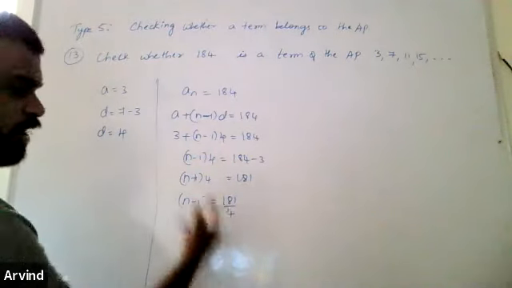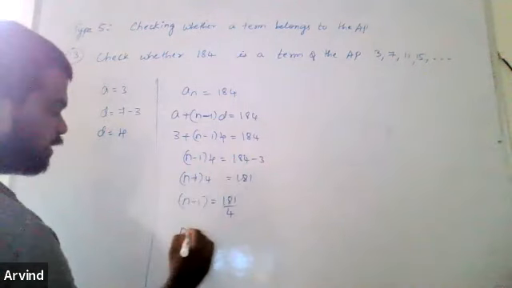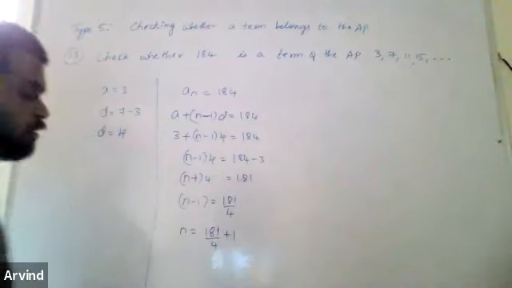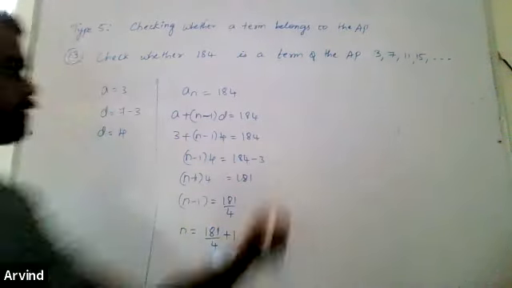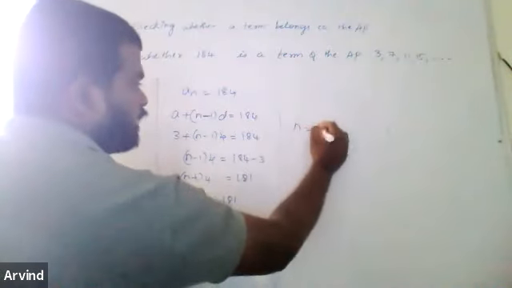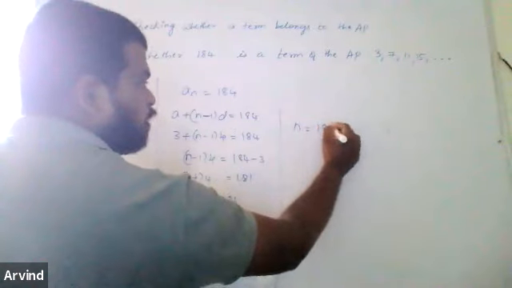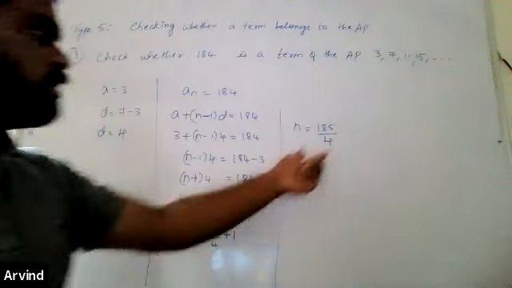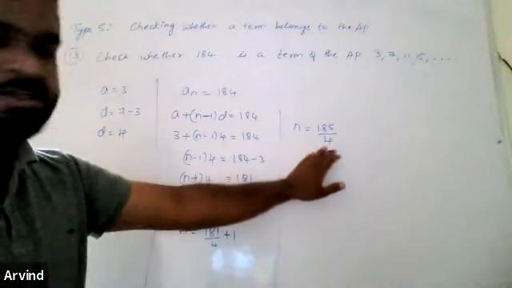You can't divide it. Let's send that minus 1 to the other side. N equals 181 by 4 plus 1. If you do the calculation, it will become 185 by 4, which is a fraction.